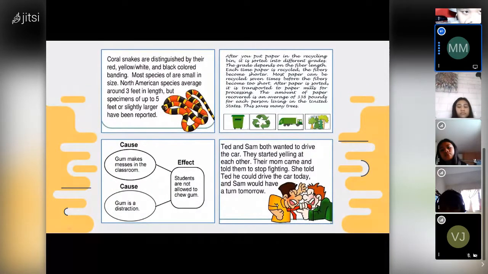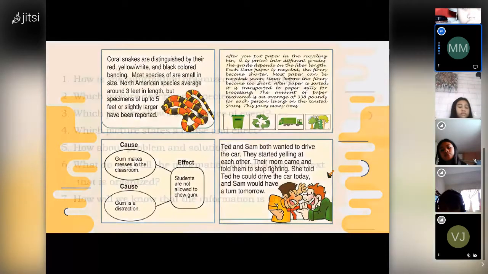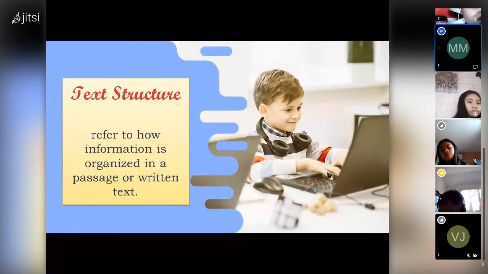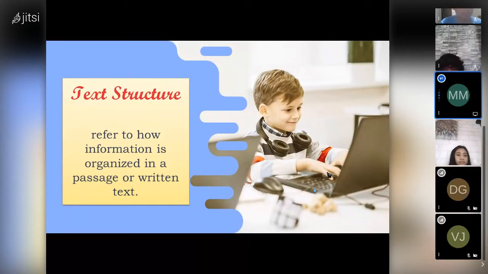Okay, so now let's get to know more about text structure. Text structure, everyone, you listen, refers to how information is organized in a passage or written text.